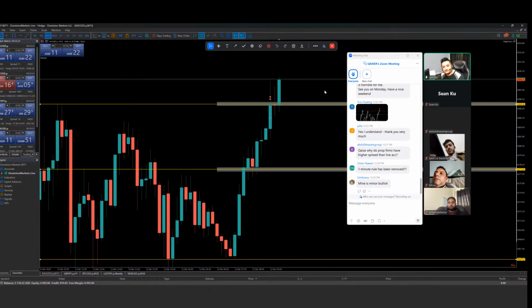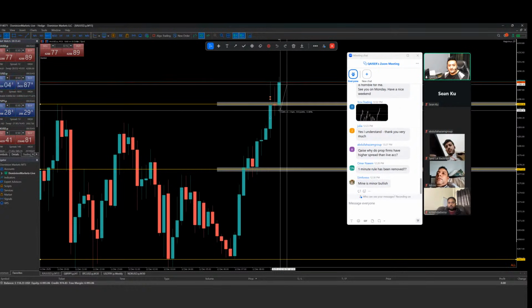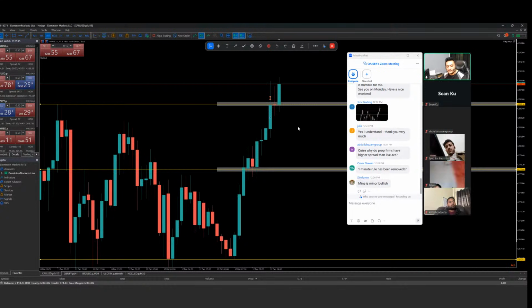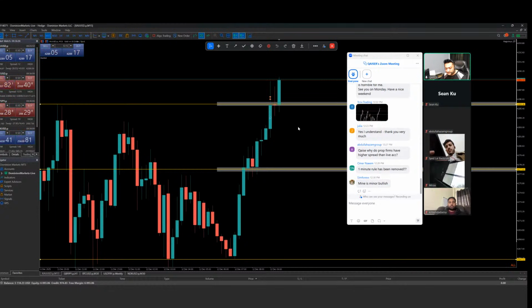Yeah, but it has some potential in it actually. Look at this one. The market is showing very good potential, with strong bullish momentum. You know what?